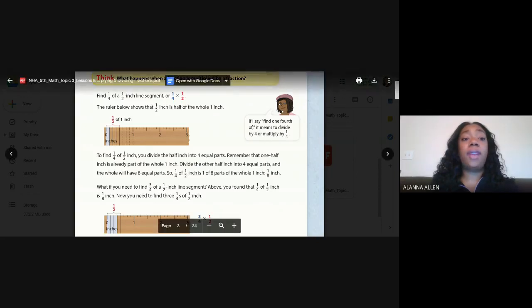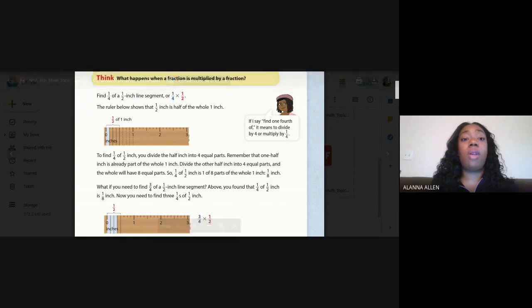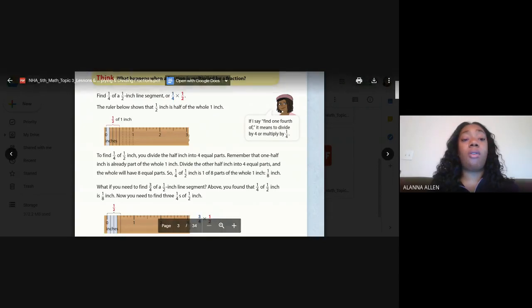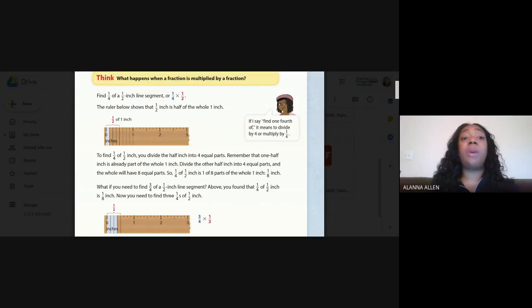Remember that 1/2 inch is already part of 1 whole inch. So notice that they have 1 whole inch here, because the half is part of a whole. So you have to divide this section into fourths too. So you have a total of 8 pieces. 1, 2, 3, 4, 5, 6, 7, 8 pieces here between 0 and 1 inches.